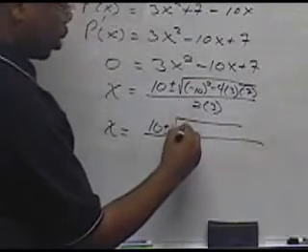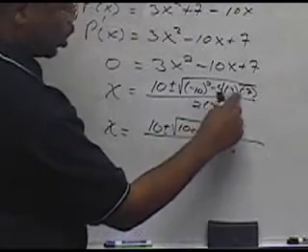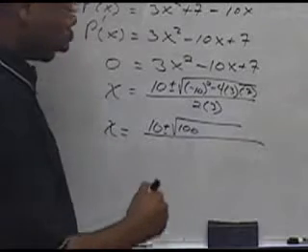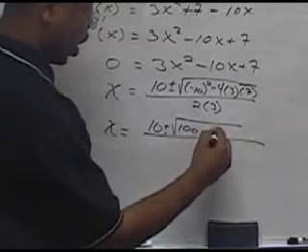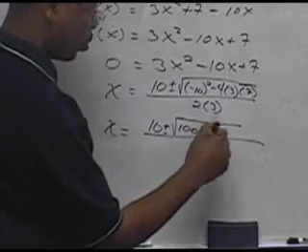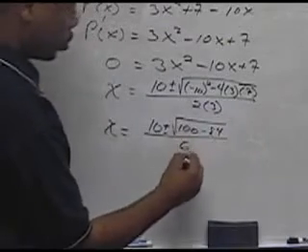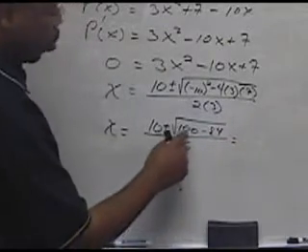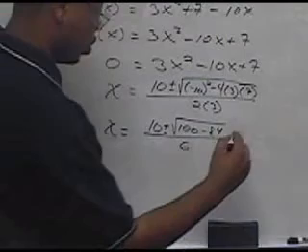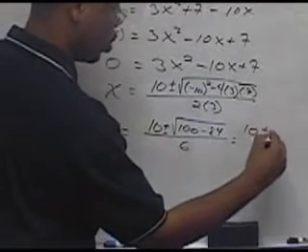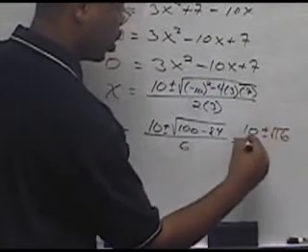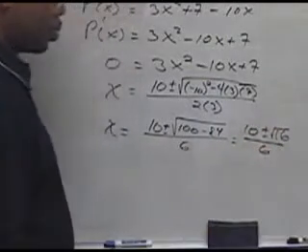The negative 10 squared will be 100. 3 times 7 is 21, and 4 times 21 is 84, all over 6. From there, 100 take away 84 will be 16. So we'll have 10 plus or minus the square root of 16 all over 6.